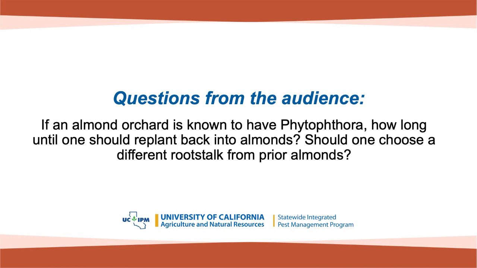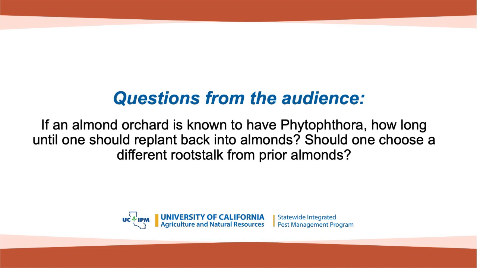Okay, and there's another question. If an almond orchard is known to have Phytophthora, how long should one wait to replant back into almonds? Should you choose a different rootstock from prior almonds? Usually Phytophthora comes with a water saturation event. Right now we have orchards that are flooded for weeks, and these are the events that really trigger Phytophthora infection.